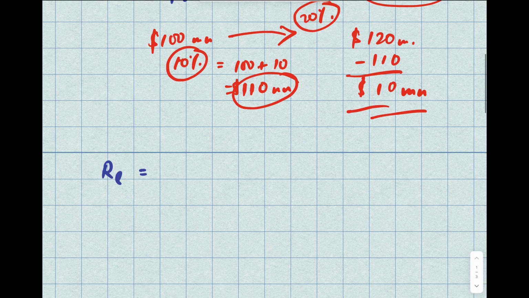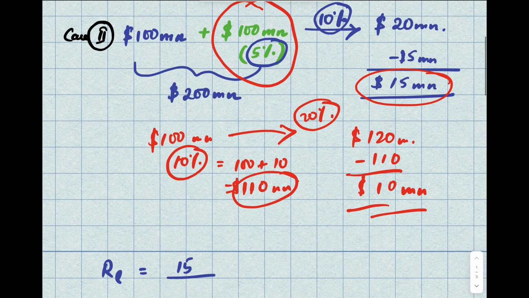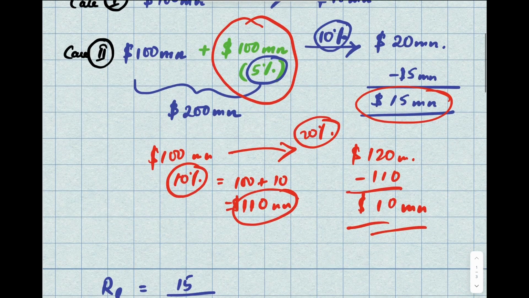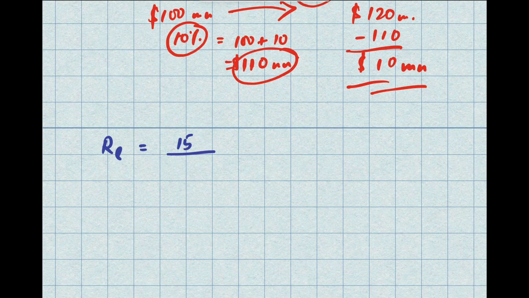So I'll just write 15 million, divided by, since we want to see the leverage return, in the denominator I will only use my own money. Okay, so it will be 100, which will give me, my leverage return was 15%.